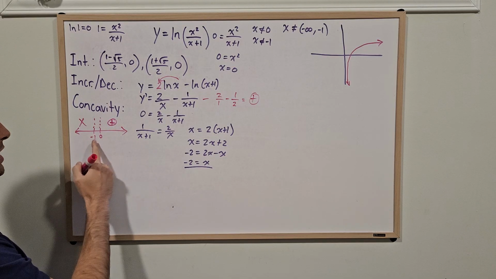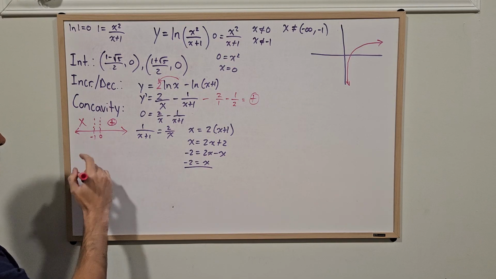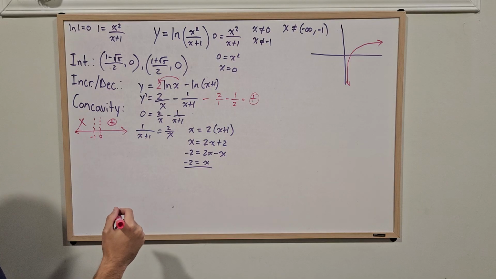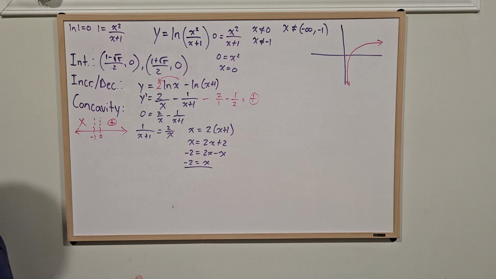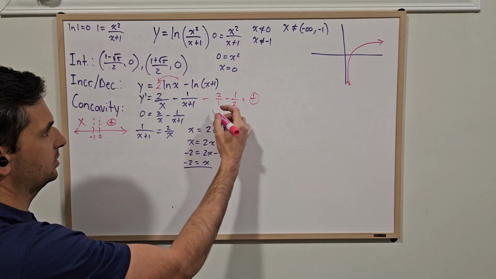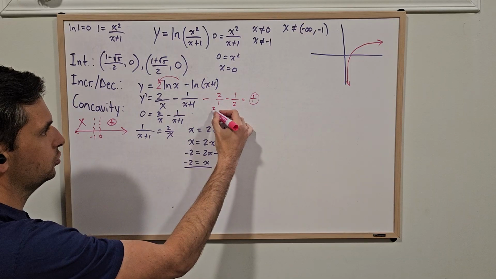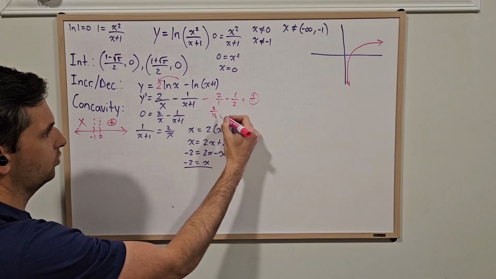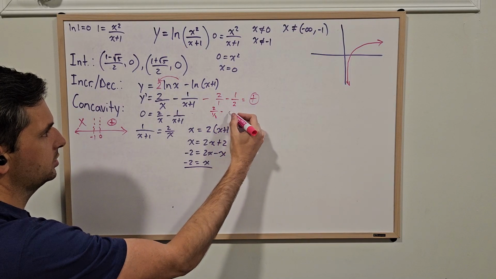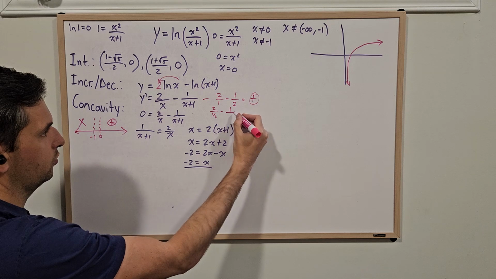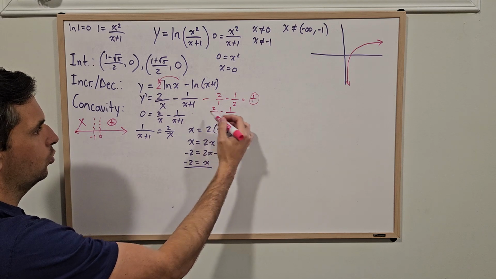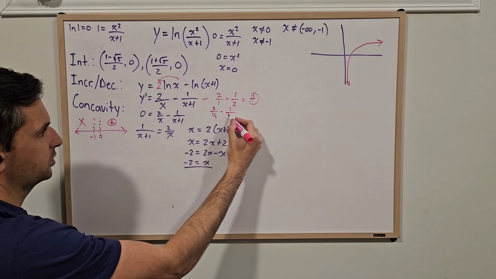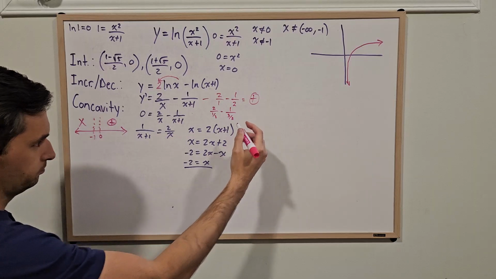When it's in between negative 1 and 0, well, let's see, what if we plug in negative a half, let's say, into that function, right? So we have 2 over, this is going to be 1 over 2 here, minus 1 over 2 plus 2 over 2, that's going to be 3 over 2, right?